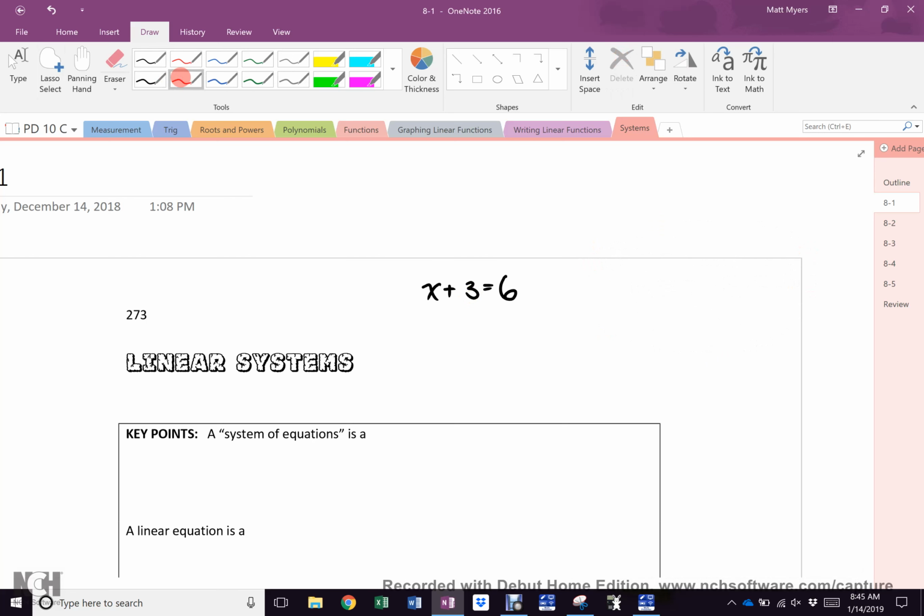What is the answer to the red question? That's still not an answer. I still have x and y.